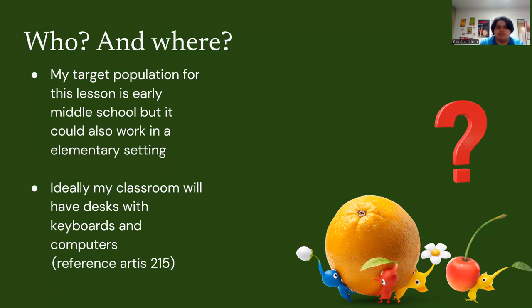Ideally, I would want my classroom to look like Artist 215, our piano room and theory room for those classes, because I want to teach how to read music from the very beginning. And I think a classroom that has computers, a desk, and a keyboard is optimal for something like that.